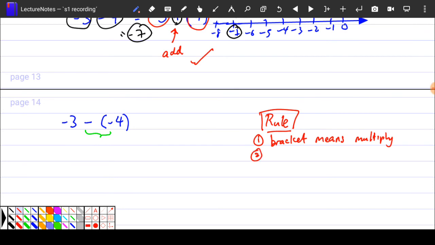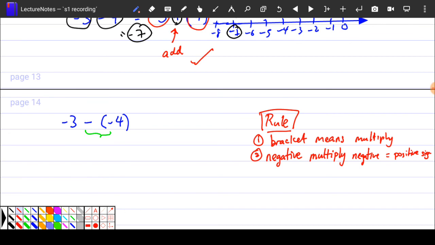And the second rule, which is important, is a negative number or sign multiplied by a negative number or sign will give you a positive number or sign, right?